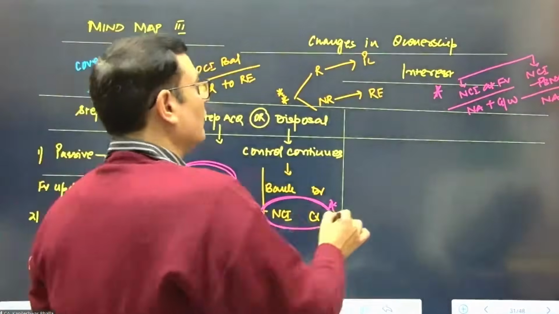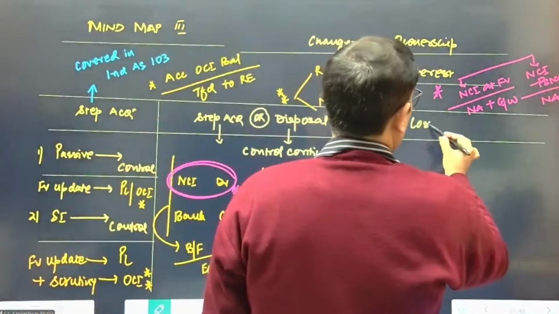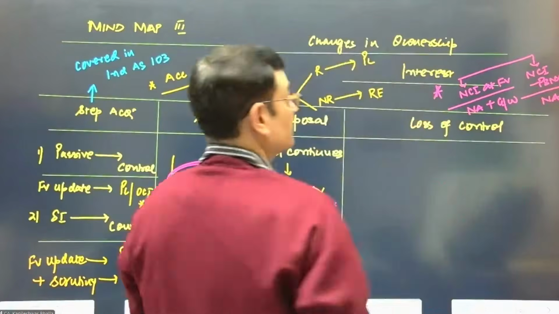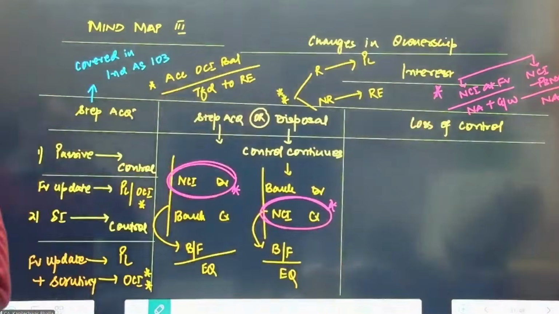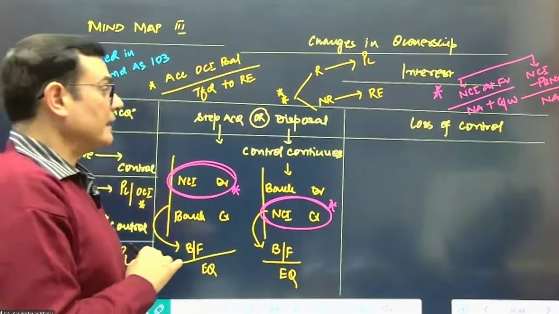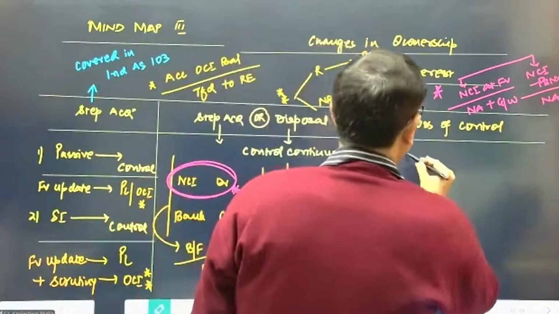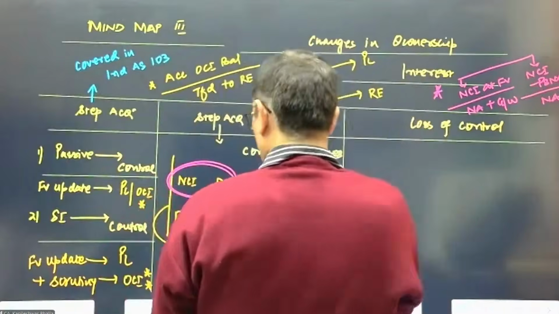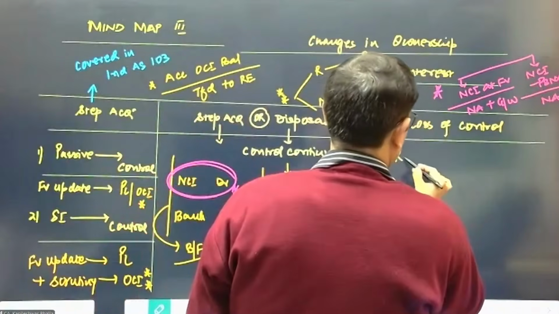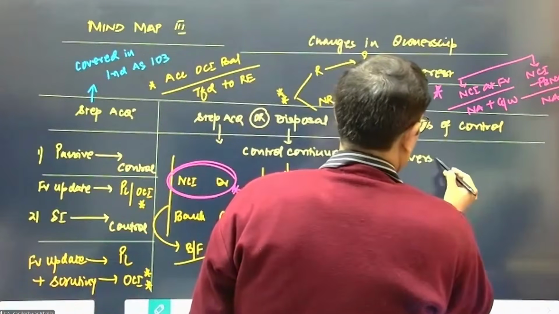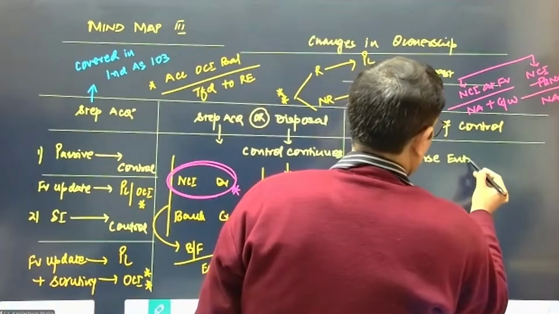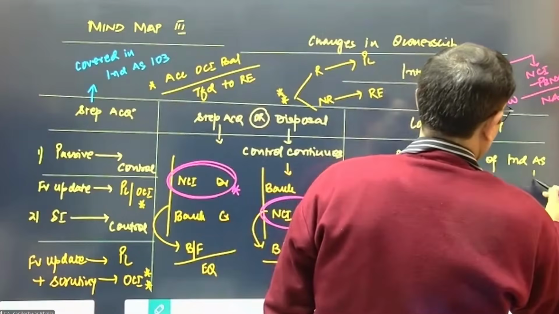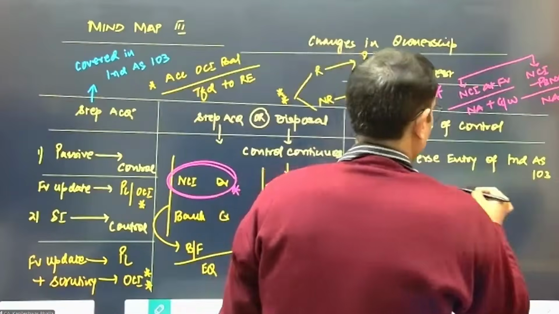Now we're looking at a situation where there is a loss of control. Now, if there is a loss of control, can I say in this particular case, do I put the reversal entry of acquisition accounting? Reverse entry of Ind AS 103, correct? Yes, sir.